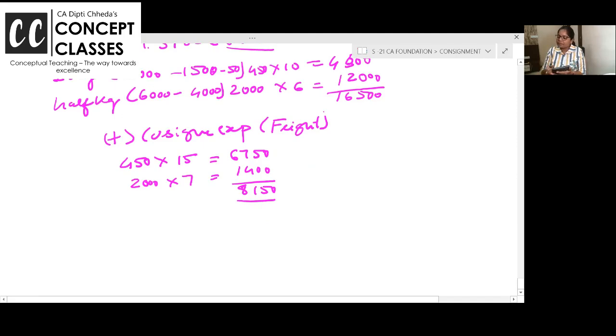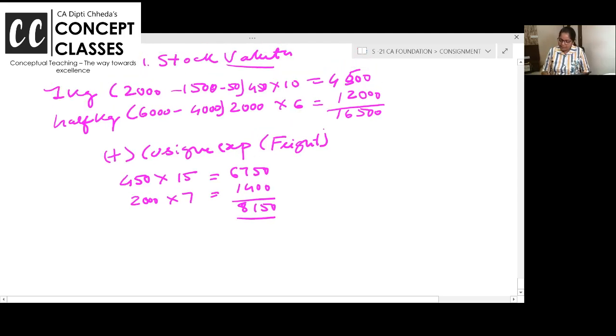I hope you are getting it. What am I calculating? Closing stock cost is there. I am calculating the selling price of the closing stock because on the selling price 2% is the commission. Is it right? 450 units.